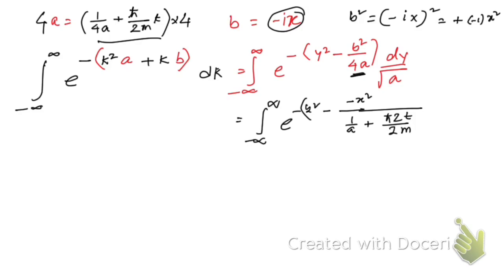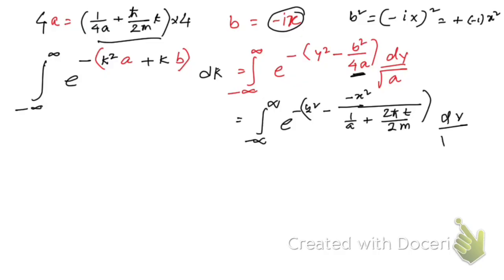That's what you're going to have, right? And here we're going to have, sorry, just give me a second. dy by root over a, okay, right? So the value of a is nothing but this.